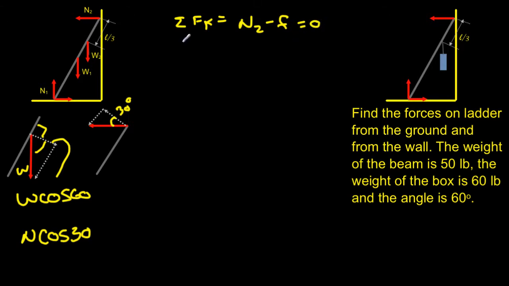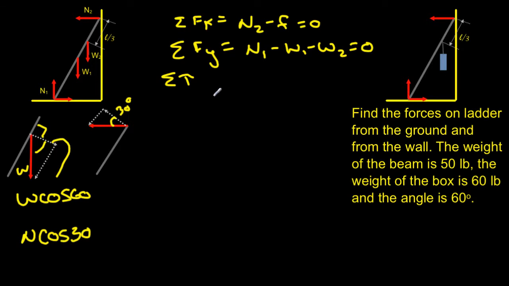We have a sum of our Y forces, which will equal N1 minus W1 minus W2 has to equal 0. And then finally we have our sum of our torques. This is all dependent on where we put our rotation point. If you remember from class, we can put it anywhere we'd like. So we're going to choose right here because that eliminates two forces from our torques.